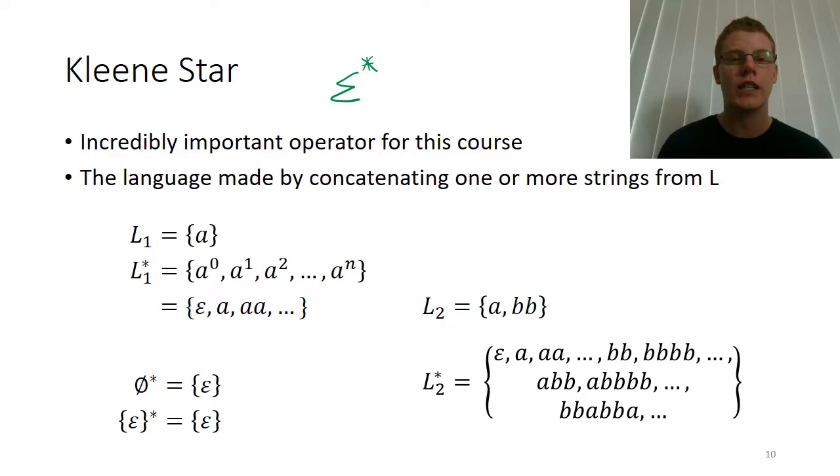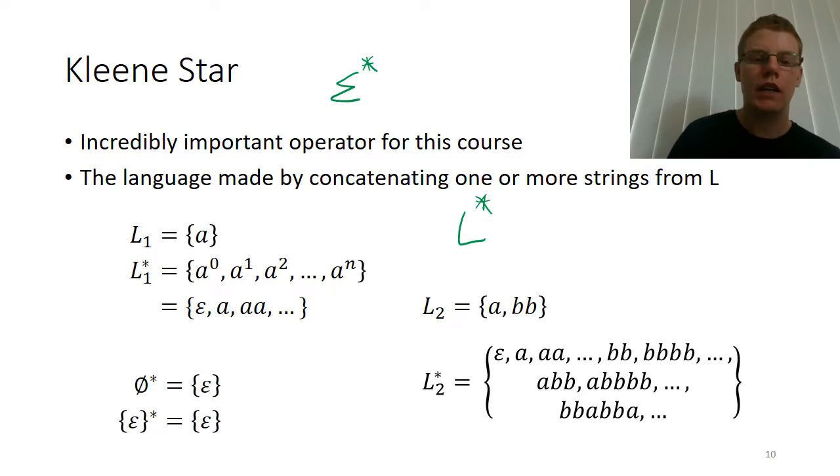So the Kleene star is a single language operator, so it only takes one language, and the result is the language made up of all of the strings that can be built by concatenating any number of strings from the original language.